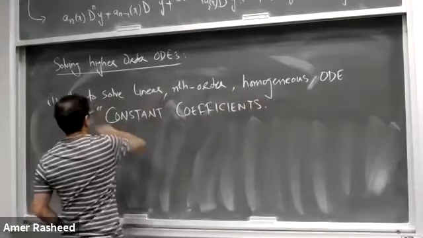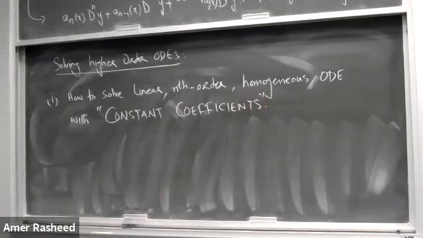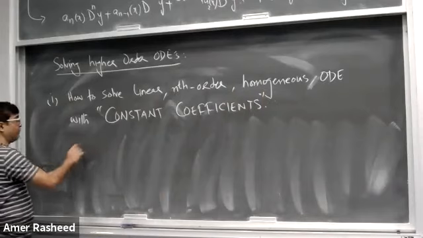That is the important thing. Now, what is that equation? An nth order linear homogeneous ODE with constant coefficients. How can we write it?